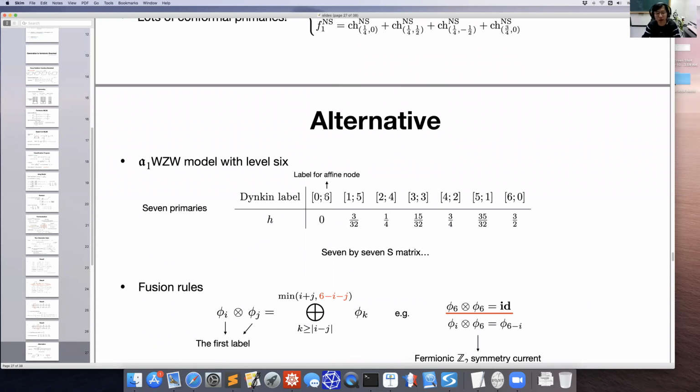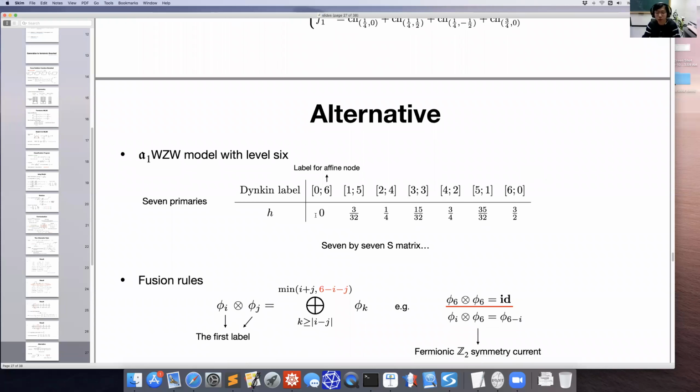The second label is for the affine node, because for the affine Kac-Moody algebra we need to extend the ordinary SU(2) Lie algebra by an affine node, and they have the following conformal weights. Since we have 7 primaries, there should be a 7 by 7 S matrix.